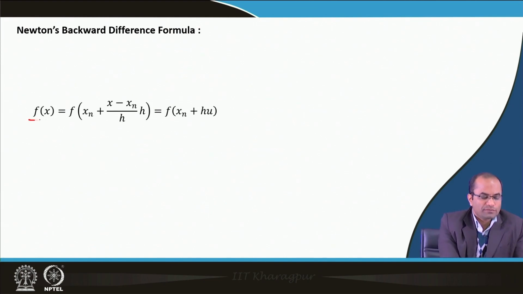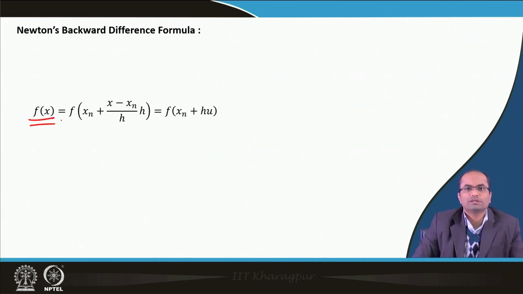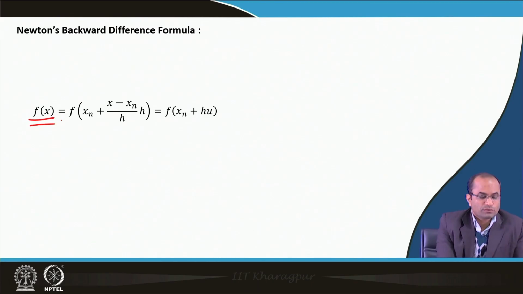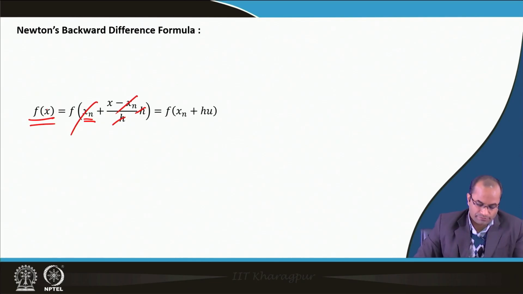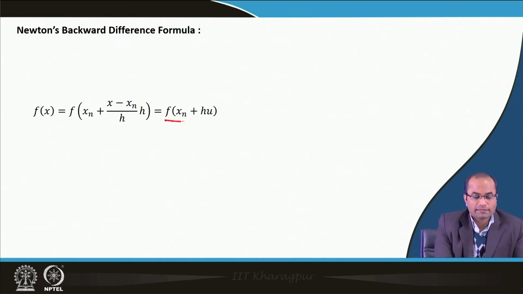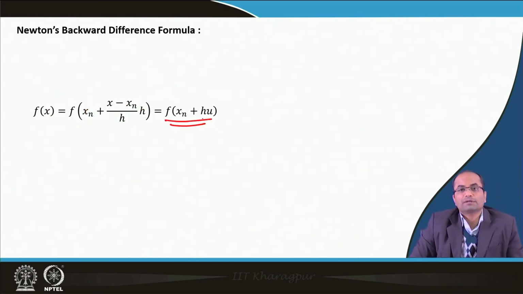So, again we will use this quick approach to derive this formula. So, we have f x, and now we will start with f x n plus this x minus x n over h times h. So, again h gets cancelled, this x n gets cancelled, we have still f x, and that can be written as f x n plus h u.